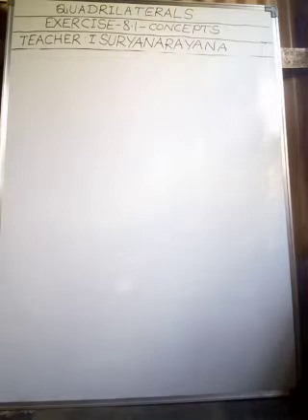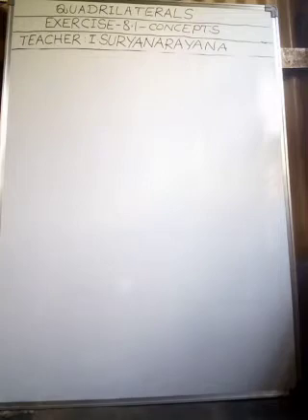Okay, my children. The top of your study table, all these objects are in the shape of a quadrilateral. Quadrilateral means a simple closed figure bounded by four line segments. That is why we should study quadrilaterals, especially parallelograms. A parallelogram is also one type of quadrilateral.